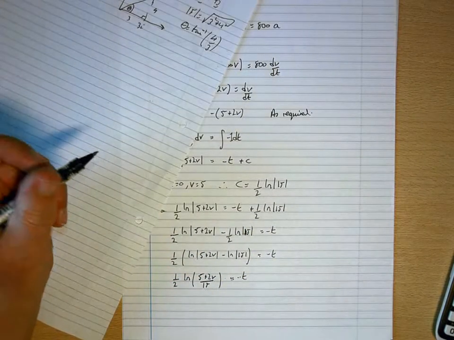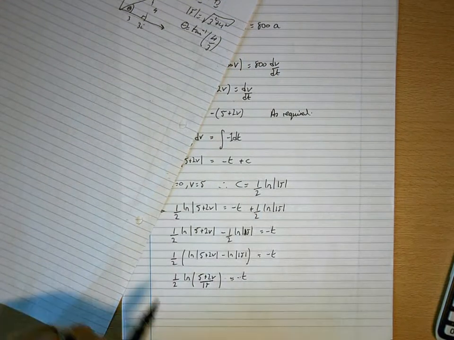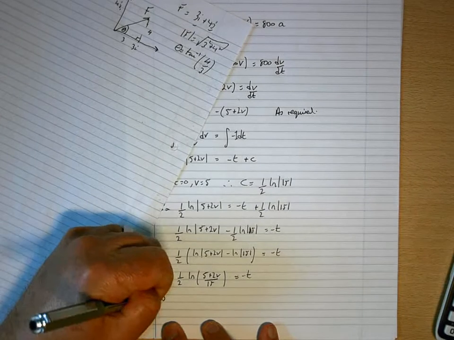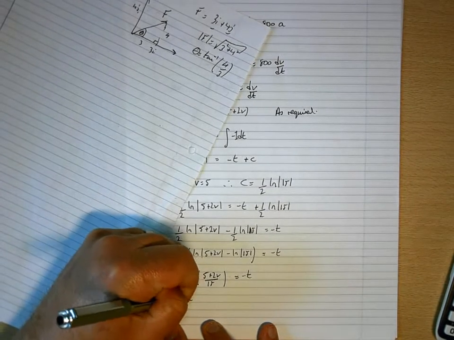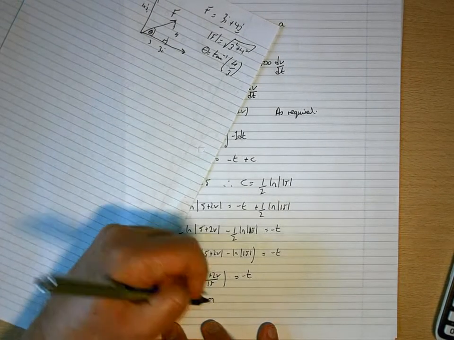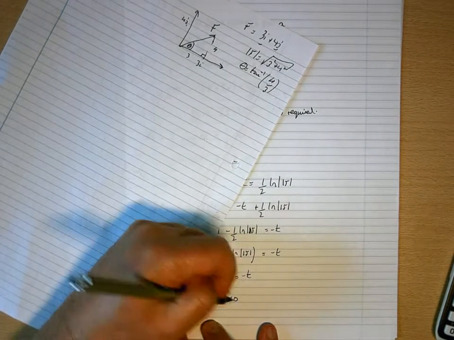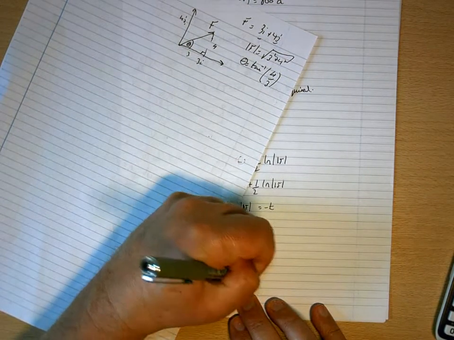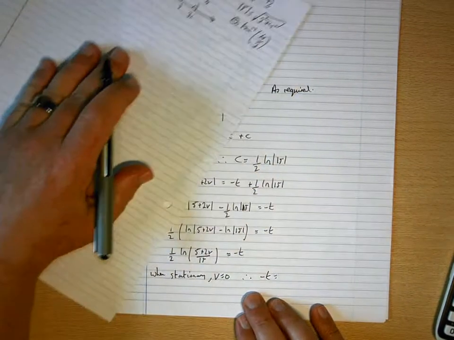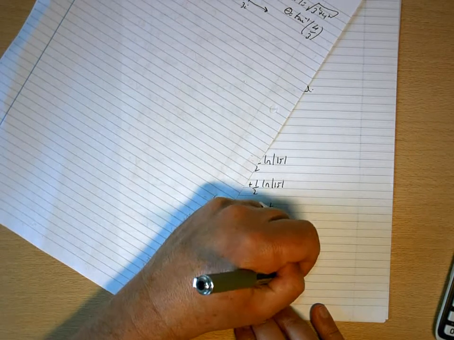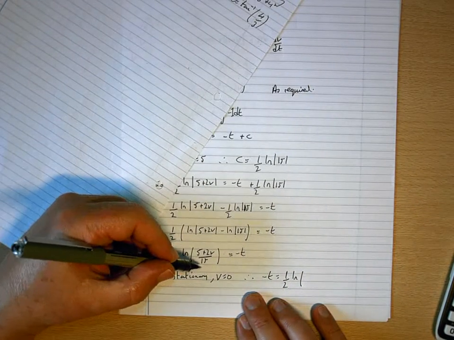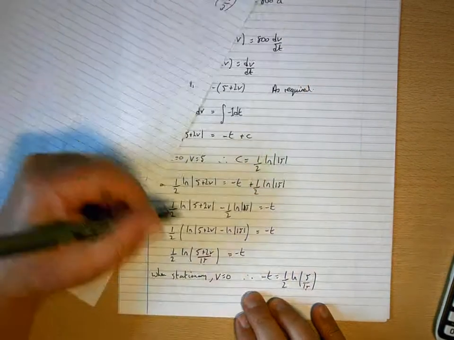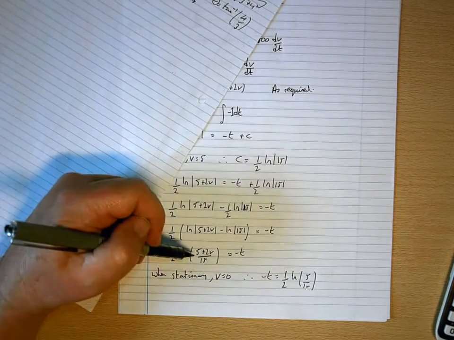So that becomes a half ln of (5 plus 2v) over 15 equals minus t. Now at this point I'm going to answer the question, when stationary v equals 0, so therefore minus t equals a half ln 5 over 15, because the v bit is 0. So that's going to be 5 over 15.